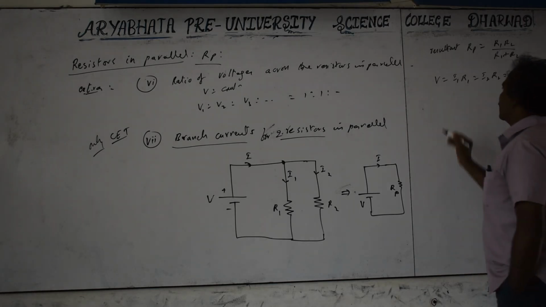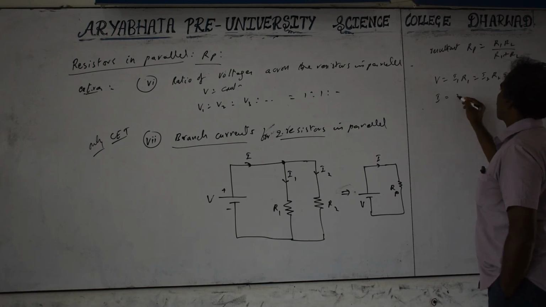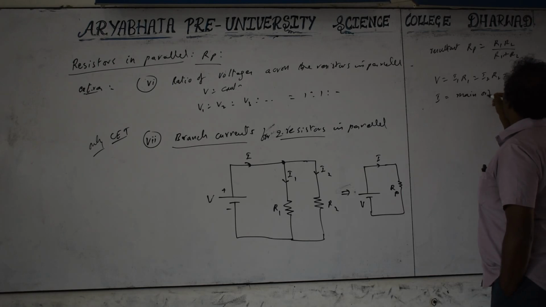I is the main current through the battery, also called the total current.